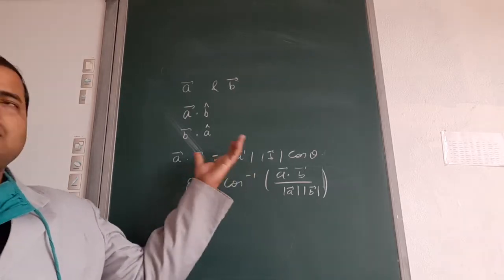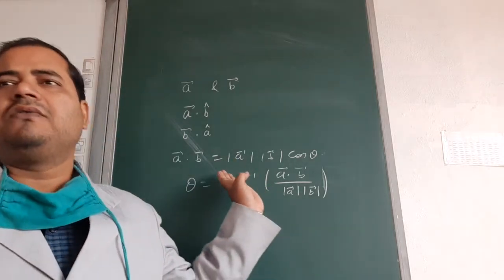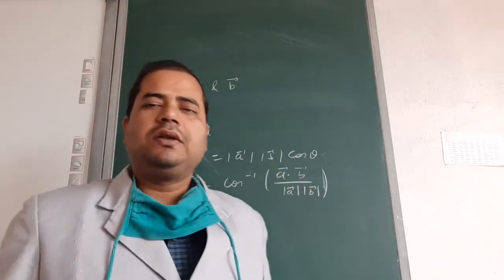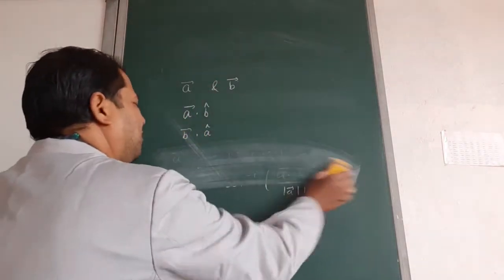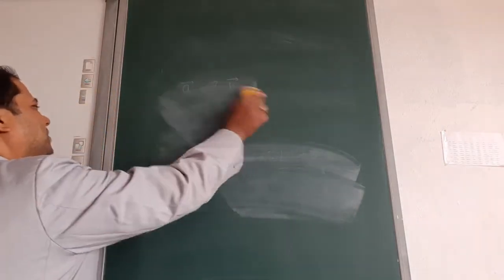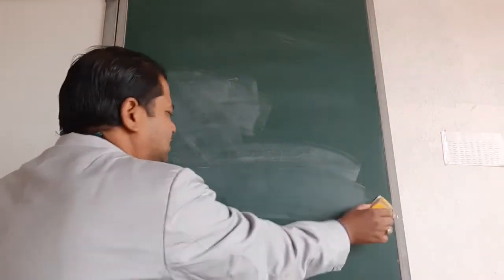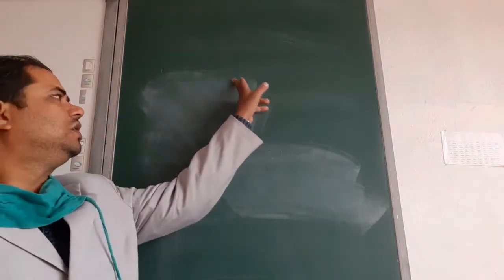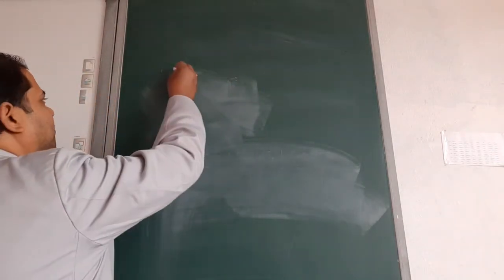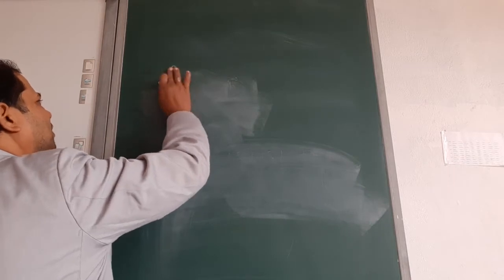You have already studied this in physics also. Now we are going to start cross product. Afterwards, scalar triple product. This is not in syllabus, but I have to teach you scalar triple product. So first of all, cross product.